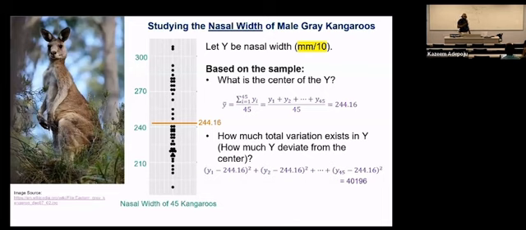40,196. You know what I've computed now? The total variation around the NASA weight of kangaroo is 40,196. And this is equivalent to the 100% that I talked about the other time.